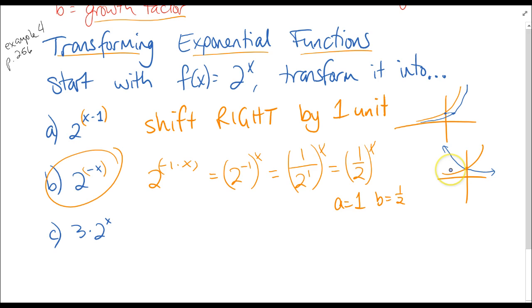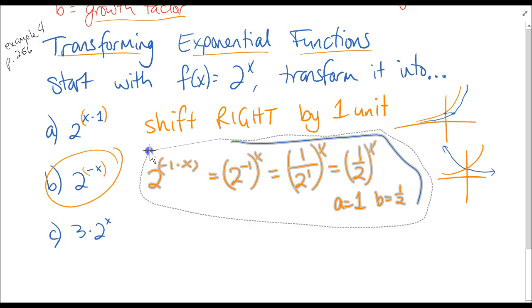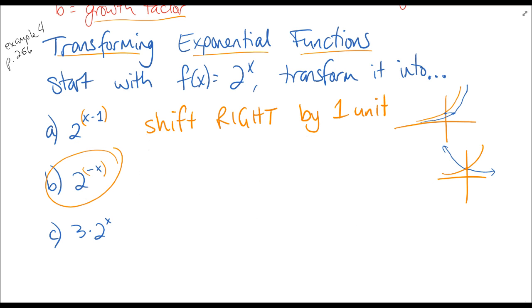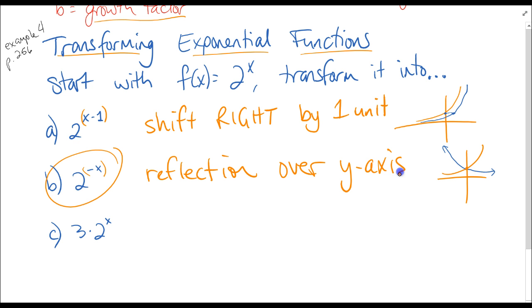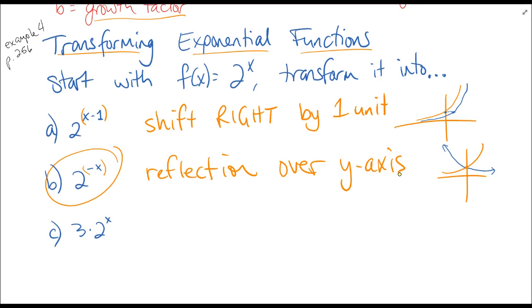And just starting to sketch these graphs, you'll get better at it. But the other thing that you can do is adopt the thinking that when you have a negative exponent, that will always have the effect of a reflection over the y-axis. Okay, so we'll get some more practice with those.